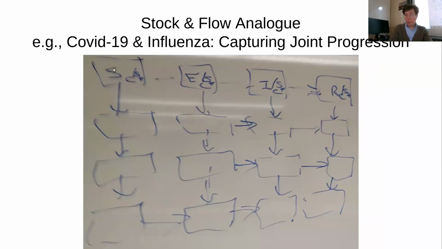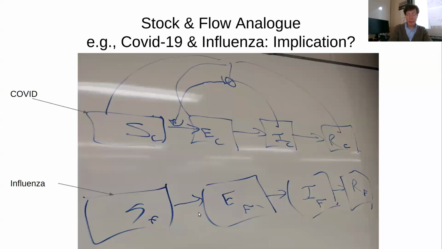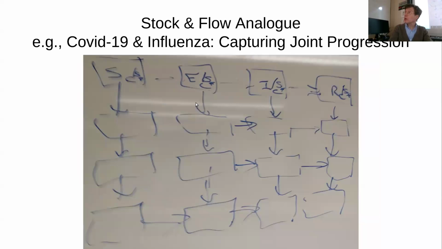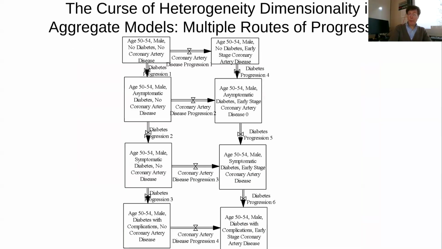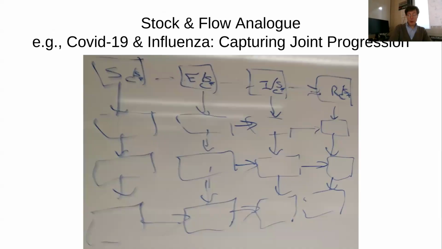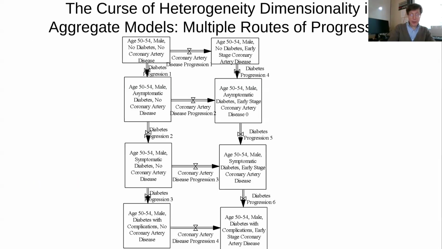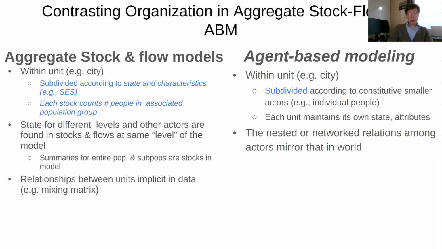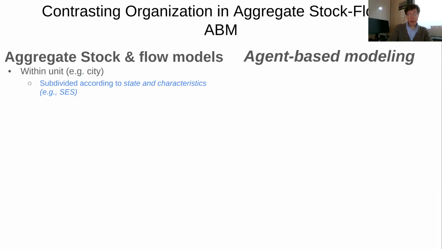This progression, they're progressing in COVID, but staying the same with respect to their influenza status. So here, we have to deal with the curse of dimensionality. We have to deal with combinations of things in a way that's very different from what we deal with state charts put side by side.